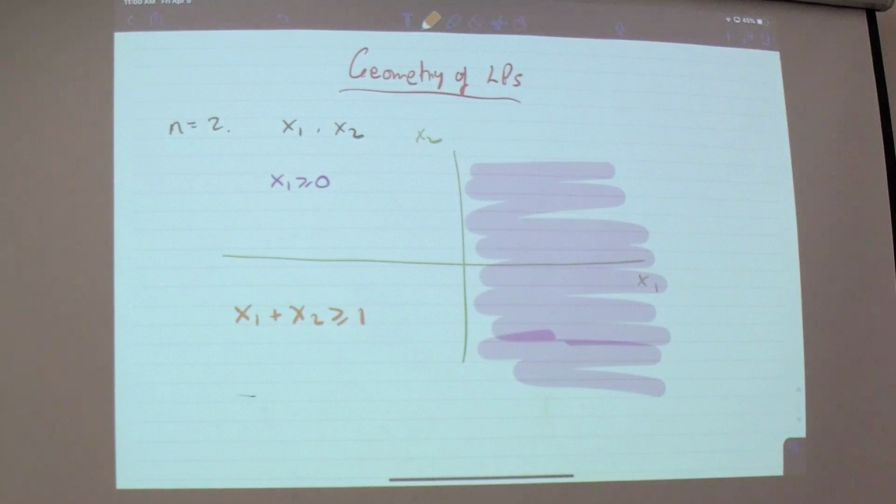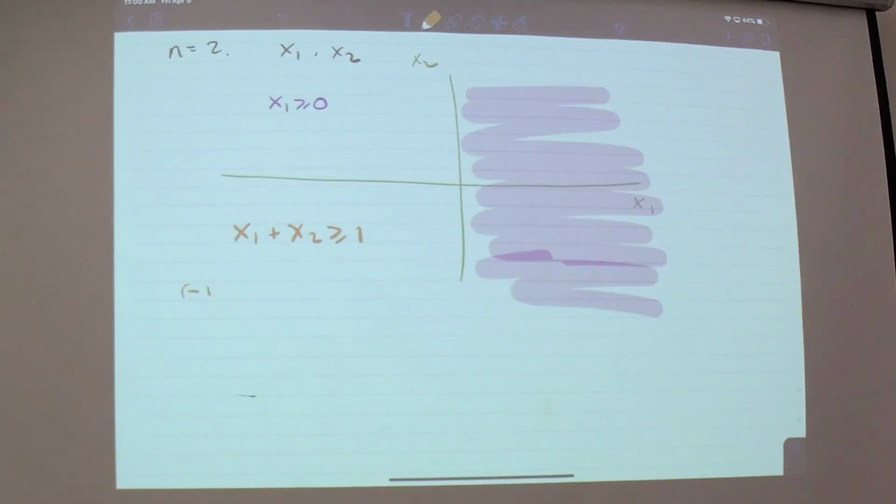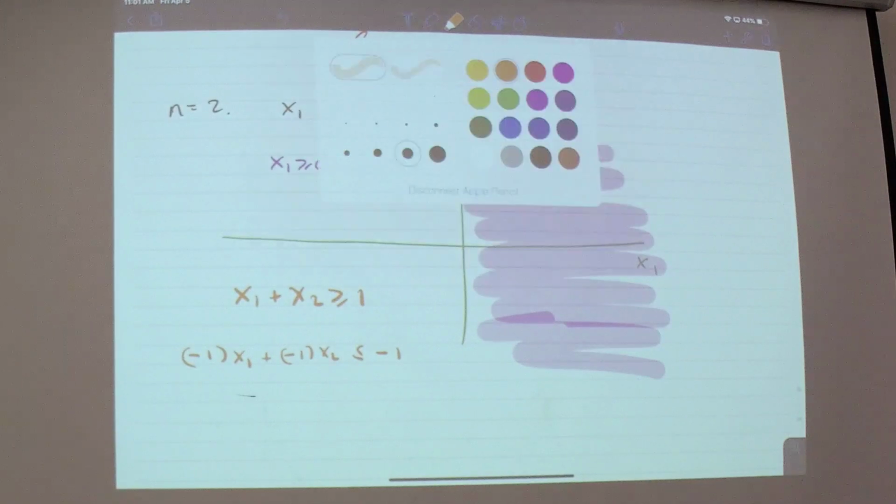Notice that if you wanted to write this in the form Ax less than or equal to b, you could write this as minus 1 times x1 plus minus 1 times x2 is less than or equal to minus 1. So just to point out that this is how you can transform these things conveniently. But for now, we'll just go back to the easier one. So what does the constraint x1 plus x2 greater than or equal to 1 look like in the language of this plane here?